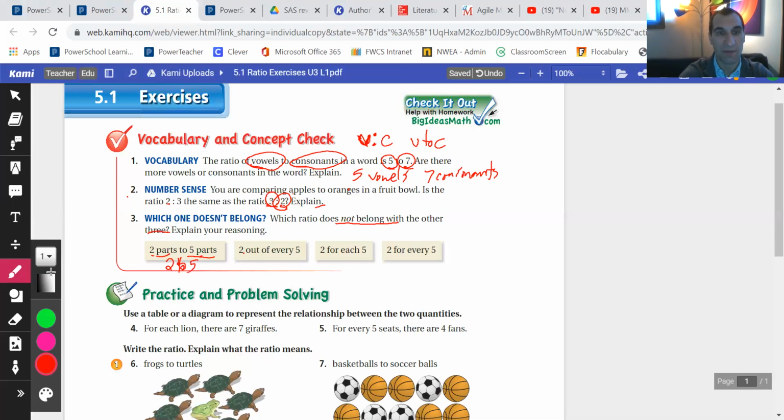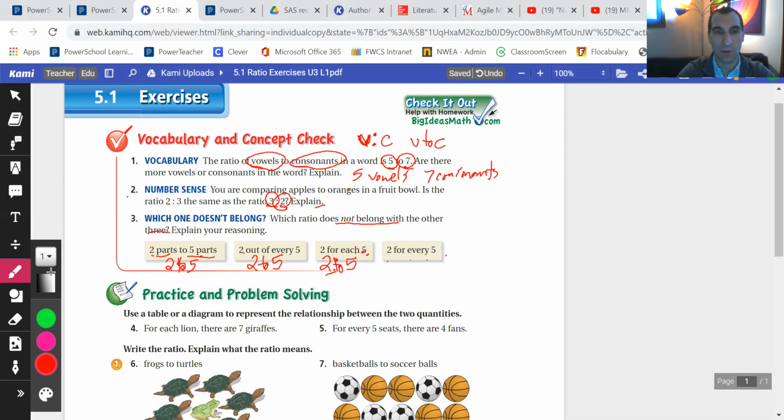This one, 2 out of every 5. This ratio would be 2 to 5. So again, that's the same one. 2 for each 5. So every 2 of something, there is 5 of something else.